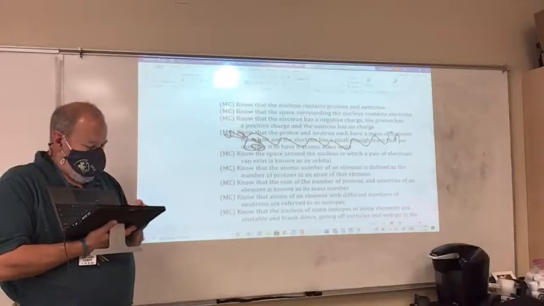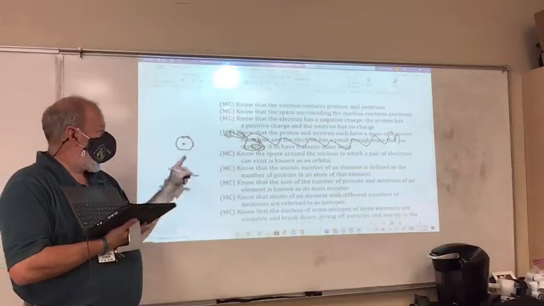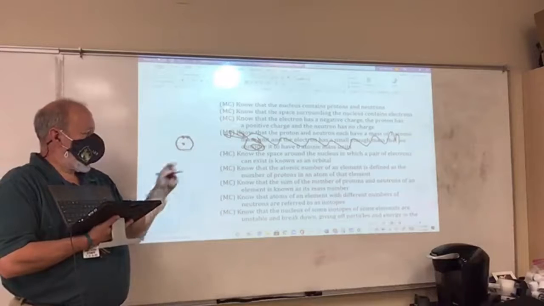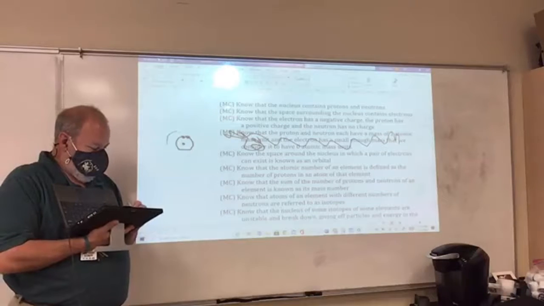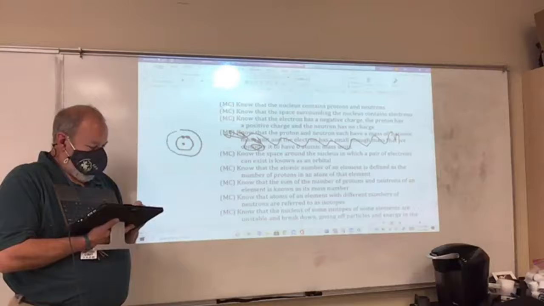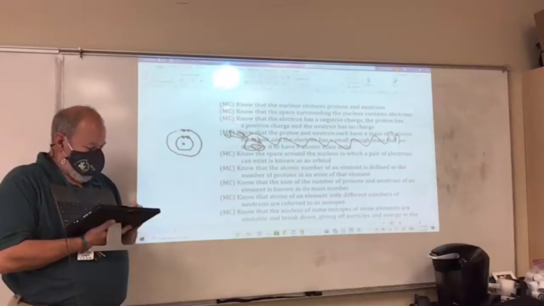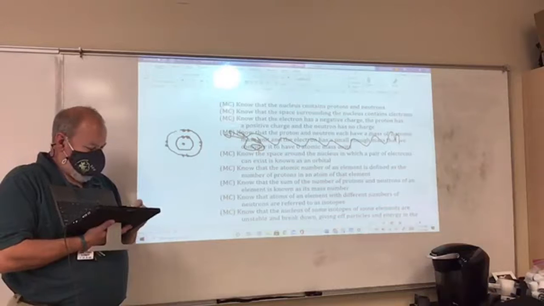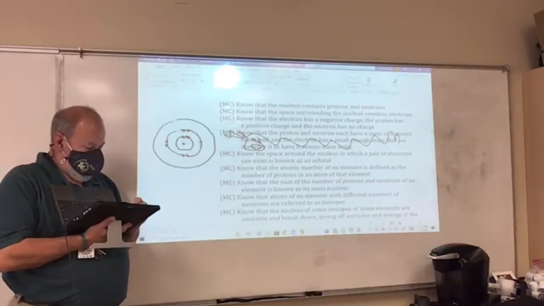Right, when we talked about the atom, remember we had a first energy shell and there's 1 orbital. And it only contains 2 electrons. We have a second energy shell that contains 4 orbitals, not 4 electrons. 4 orbitals.